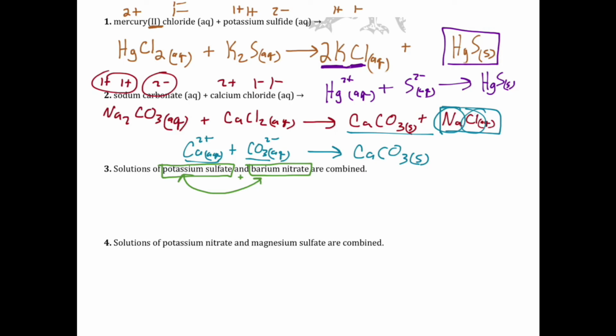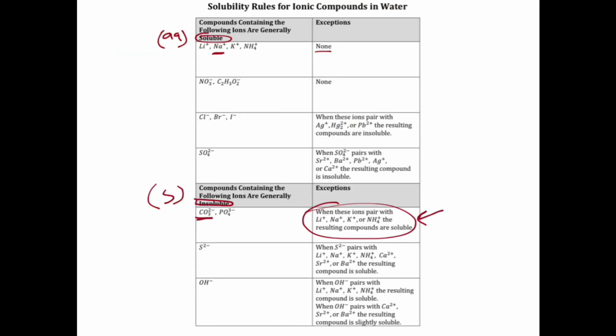Because you know barium and sulfate are together, you can look on your solubility rules and try to find barium or sulfate. Here's sulfate.